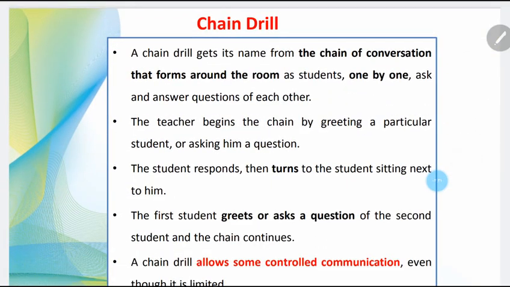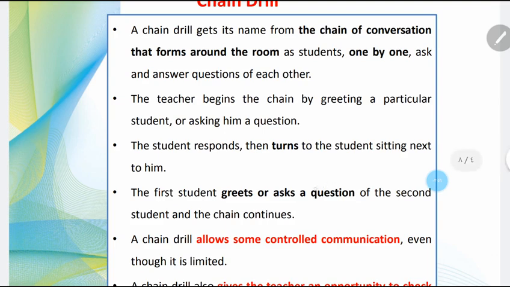Chain drill. A chain drill gets its name from the chain of conversation that forms around the room as students one by one ask and answer questions of each other. The teacher begins this drill by greeting or asking a particular student, maybe a student sitting close to the teacher.